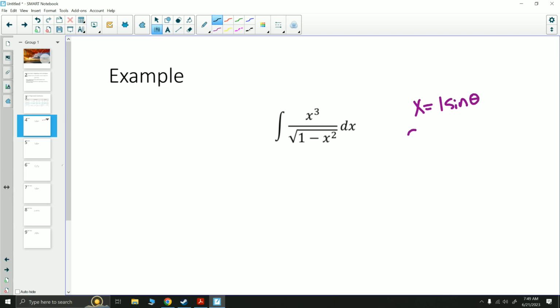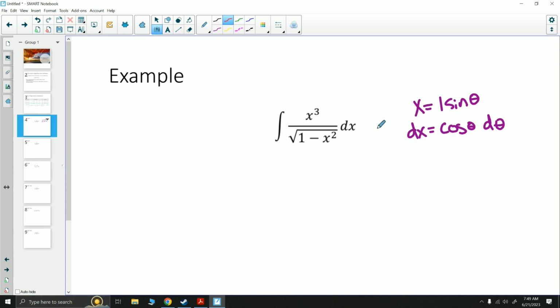Okay, so that means that dx, if we take the derivative of sine theta, is going to be cosine theta d theta. Basically, what we want to do here is replace our x's with thetas and our dx's with d theta. Now, in traditional u substitution, we would find something to replace, like maybe an x squared out of here and a dx to make the du.